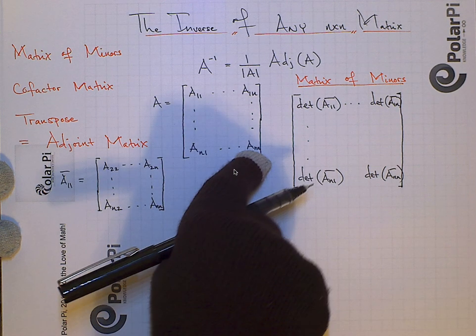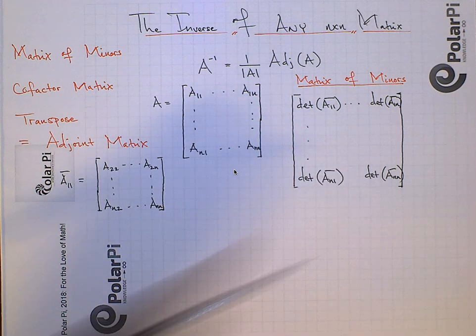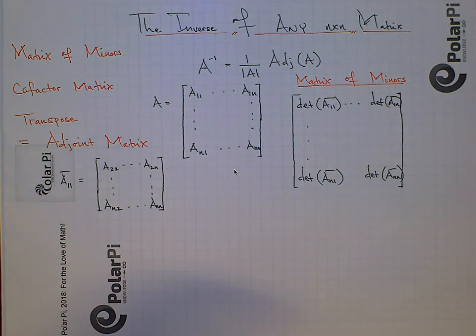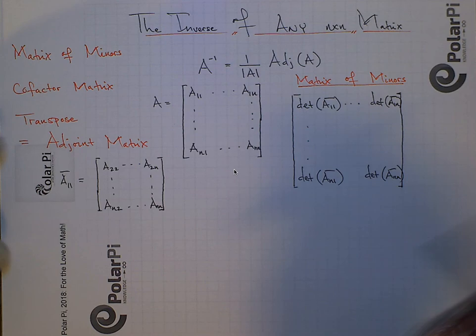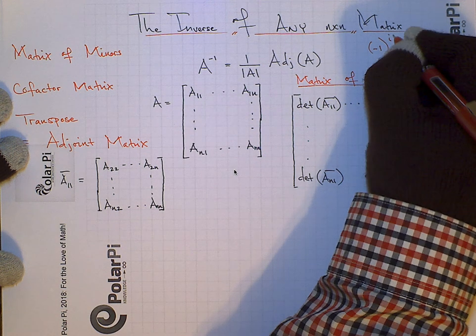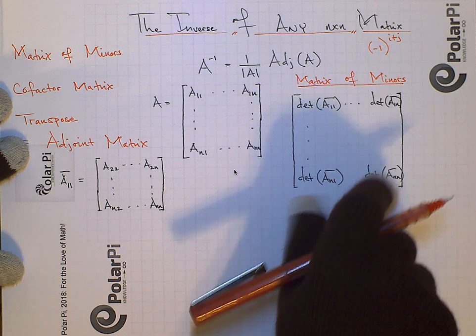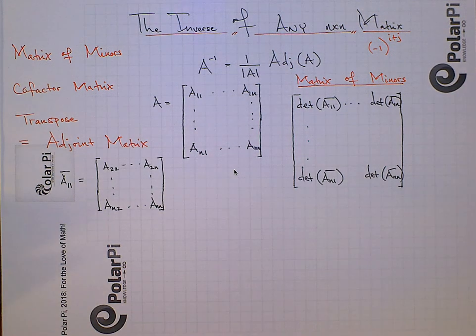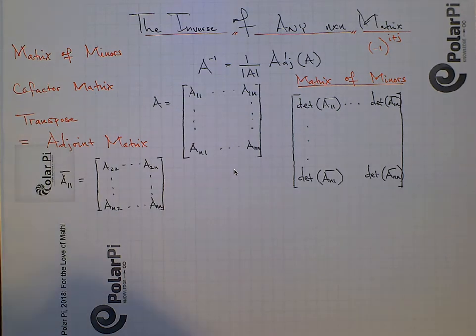So if somehow you've succeeded in doing all this, then remember that -1 to the power of the sum of i and j also played a prominent role in calculating the determinant. Well, it has an important role here also.